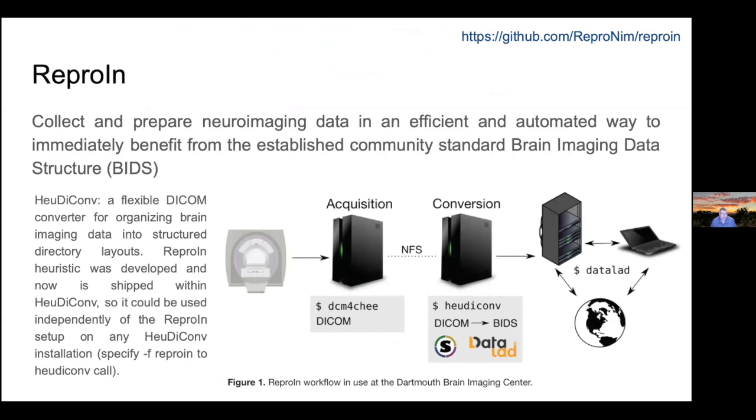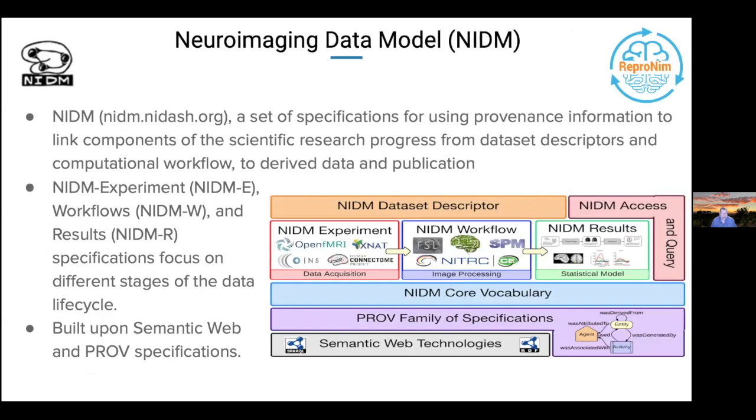This is a tool being developed by TRD3, and it uses HeuDiConv, which is a DICOM converter, in the back end. A number of different workflows have been developed in different brain imaging centers for doing this type of conversion. So, from the get-go, we're creating a structured format.